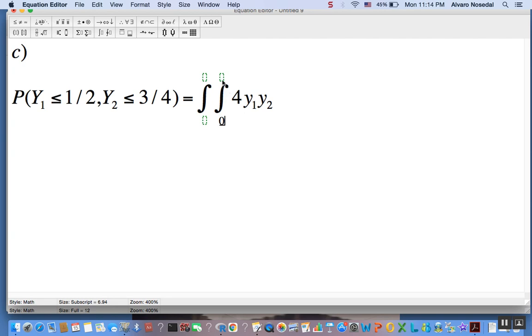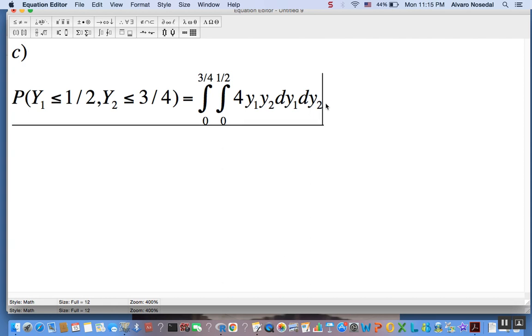Well, it depends on which one you want to integrate first. If we integrate with respect to y1 first, it would be from 0 to 1/2. And then for y2, it would be from 0 to 3/4, right? Okay.